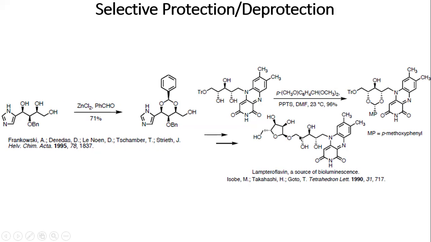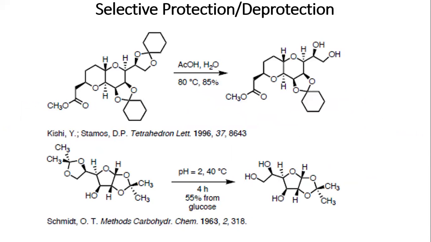All right, so let's look at one more example, and this is an example of a selective deprotection, right? You can see that you have a 1,2 diol here and here, and treating this at 80 degrees Celsius with acetic acid and water, you can deprotect this 1,2 diol over this 1,2 diol.